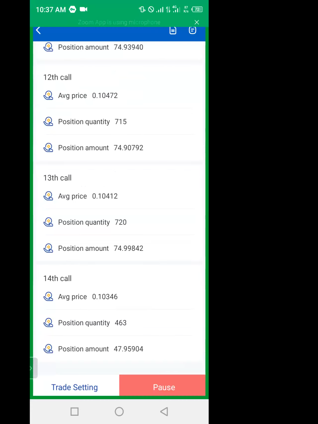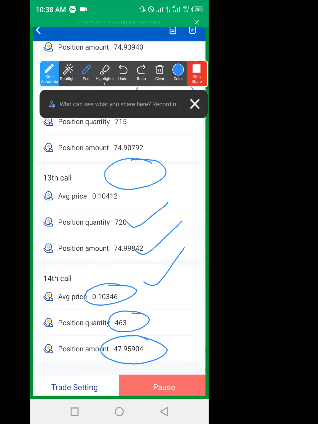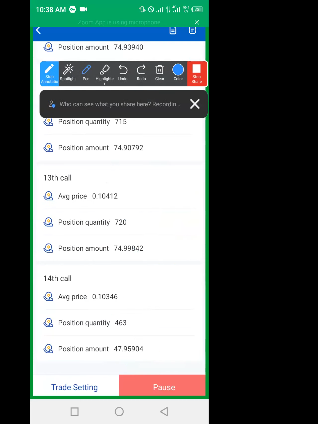It is showing me that the 14th margin call was bought at this average price. It bought 463 and used $47.9 to buy. Whereas the 13th call was bought at the average price of, let's not count the zero, say 10, that is 0.10412.